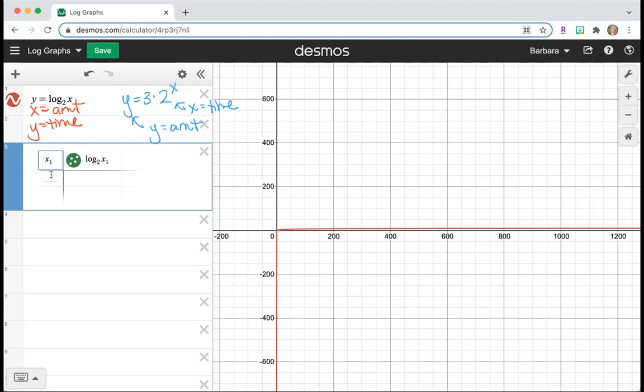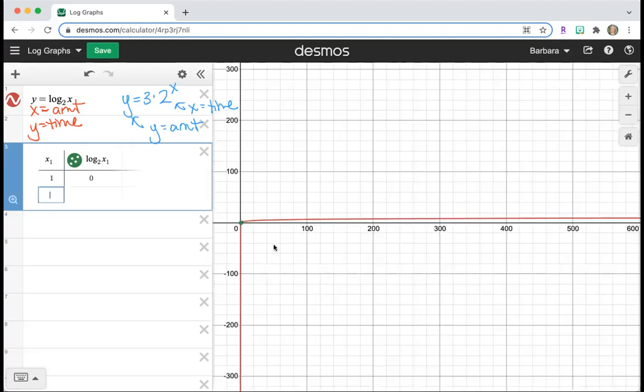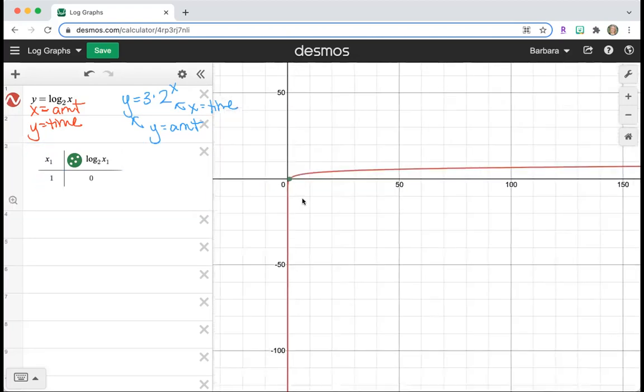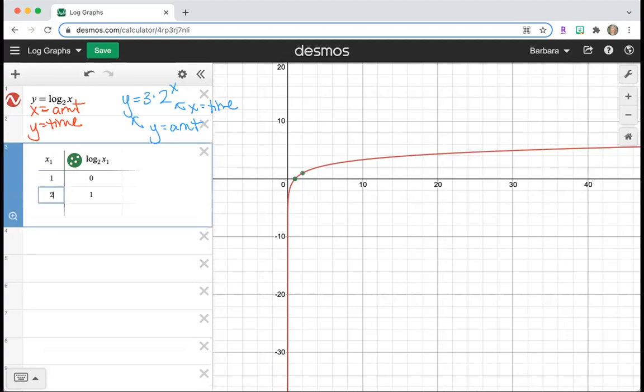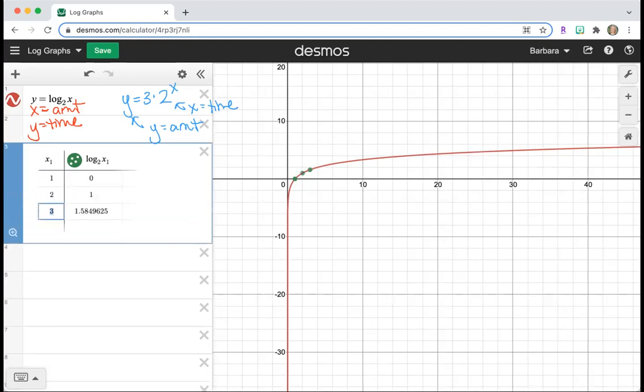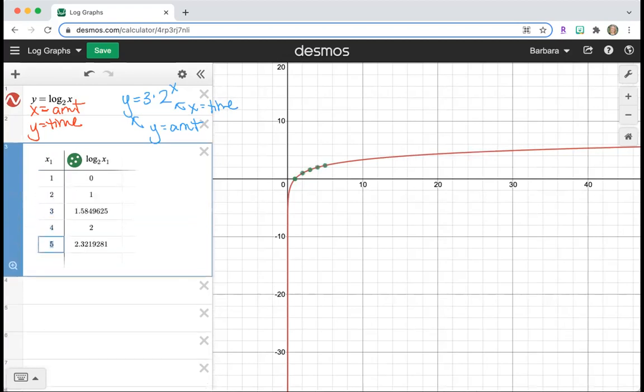And now you see the dots appeared. So as I start typing in, I can zoom in. Now I'm going to see the actual points on this line: 1, 2, 3, 4, 5. And you can see it keeps going and it does the calculations for you. So you don't have to worry about it.